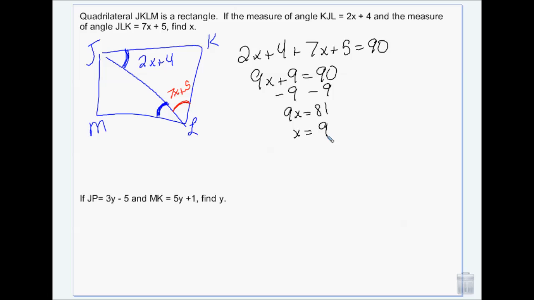Okay. Now, we're using the same rectangle. I'll just redraw it. And if I have a new letter introduced, P, that usually represents the point where the two diagonals are crossing. So JP is 3y minus 5, and MK is 5y plus 1.